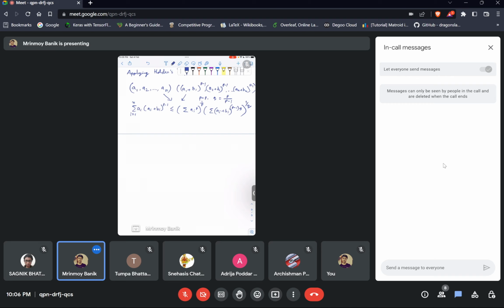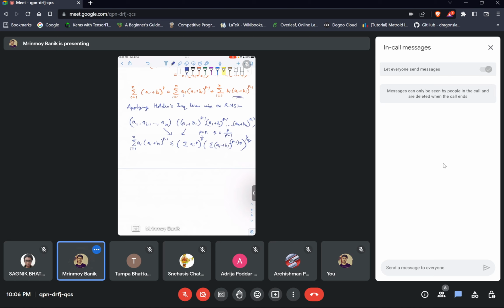Similarly, we get the same for the other term. So for that, let's see what this actually evaluates to. We know q is p by p minus 1.